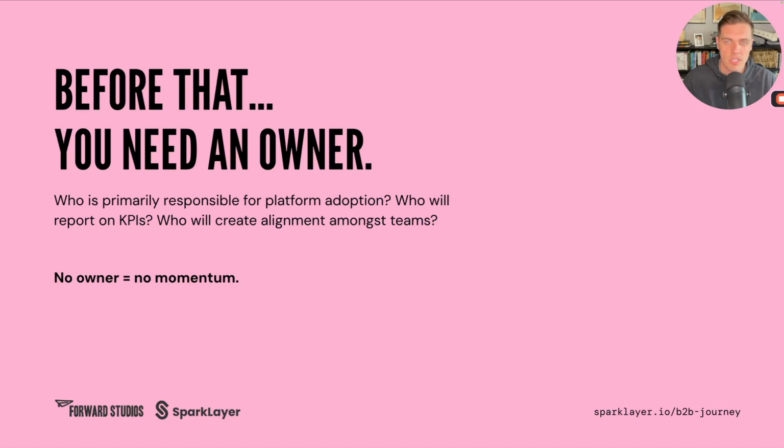If you're in a smaller company, maybe that's the CEO or the owner. If you're in a larger company, maybe it's someone on the e-commerce team. So despite the fact that you do need everyone to work together cohesively, you also need a project owner, someone who is saying, I am going to lead the charge with adoption, because if you don't have an owner, you're not going to have any momentum, and the project is going to fall by the wayside.